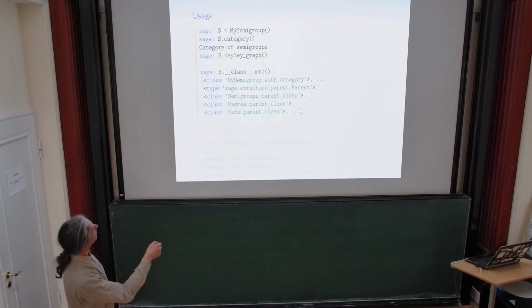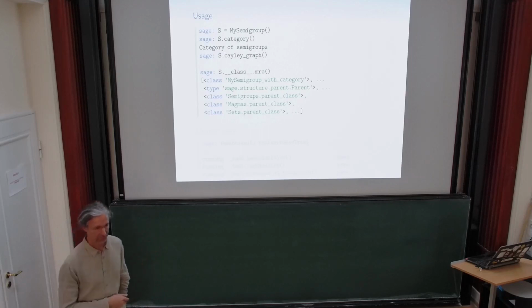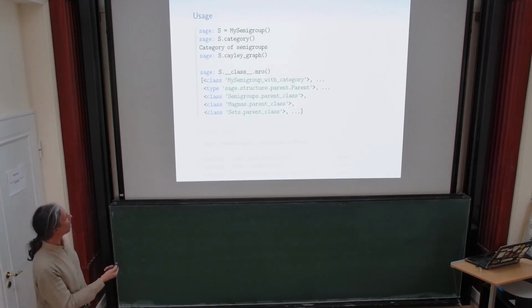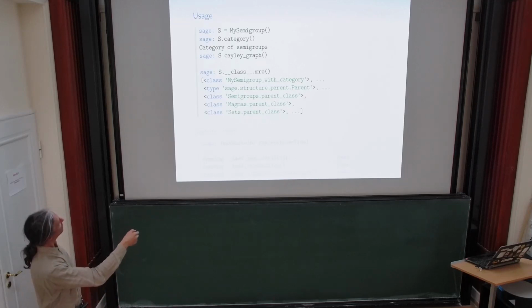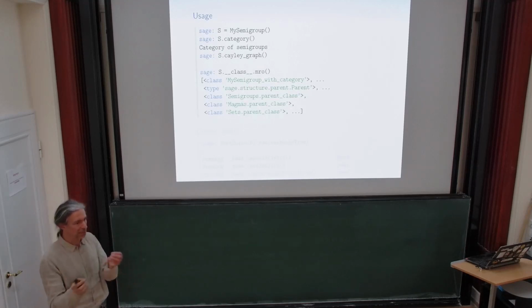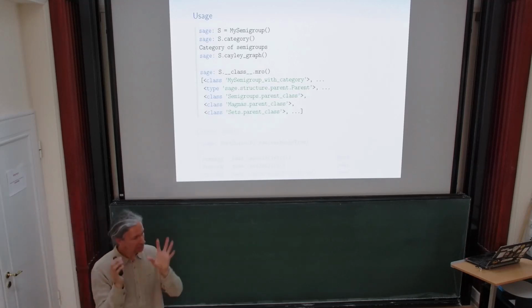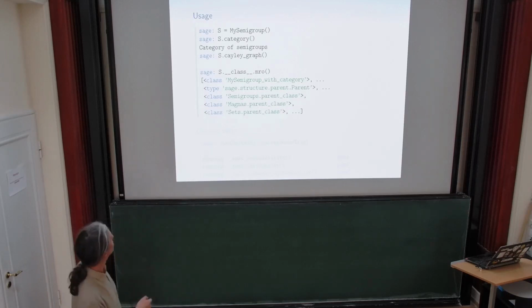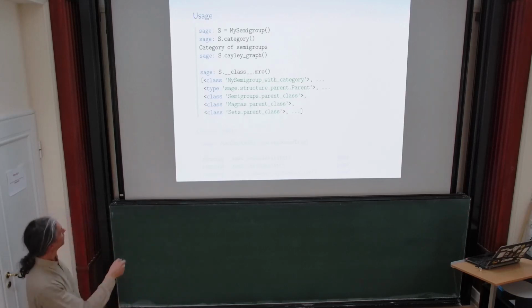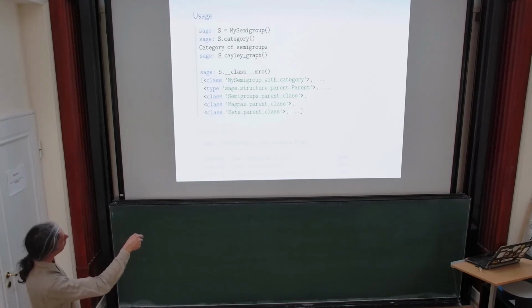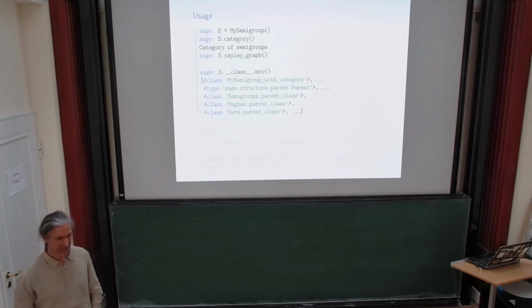And because it is a semigroup, I can ask for its Cayley graph. So how did it work? Automatically, its class has been built by taking pieces from everywhere. I've taken all the mixin classes that were relevant for me and put them together to get the class. Because of this, I can inherit from all the generic code that was provided.